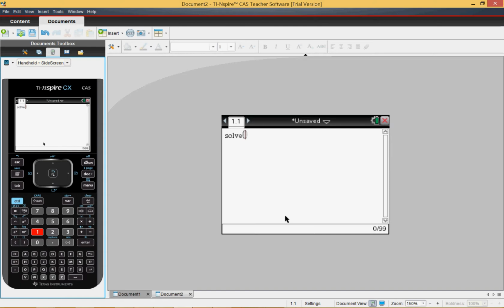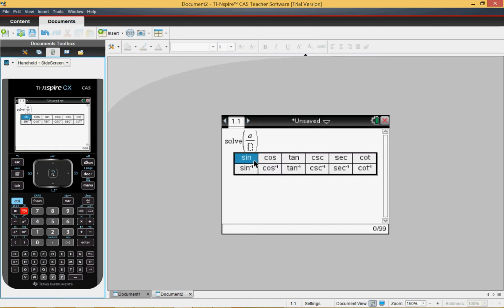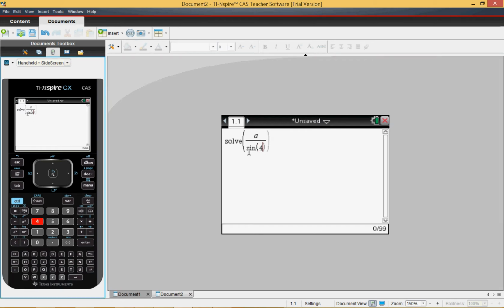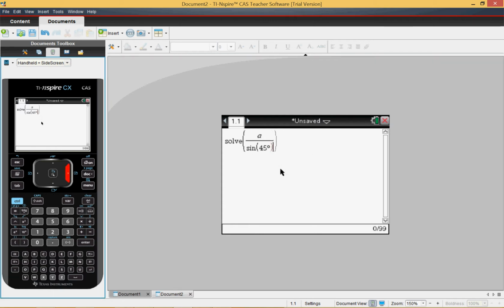And I'm going to solve for A. I'm going to get my little fractions button, and be careful, my calculator is not in degree mode, so I have to be careful. I'm going to say A over sine of 45, and use the little pi button for degrees. I'm solving A over sine 45 is equal to, what was B? 5.1.